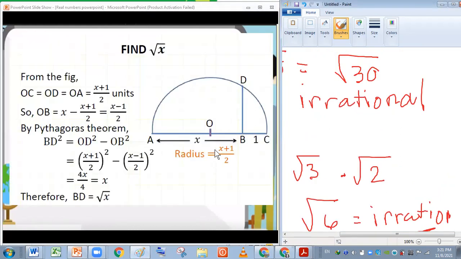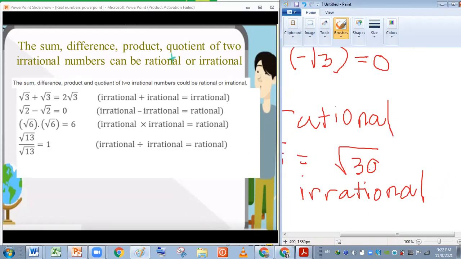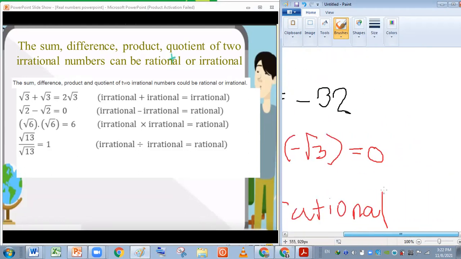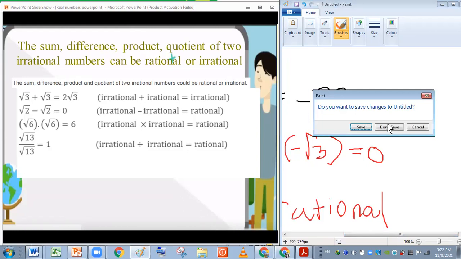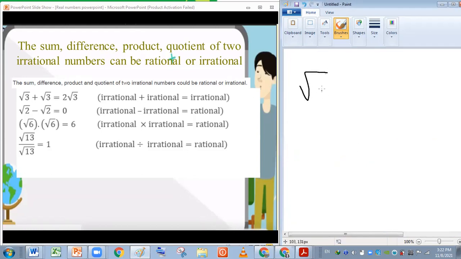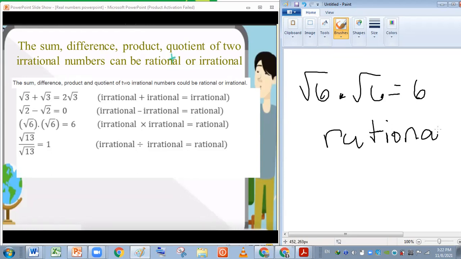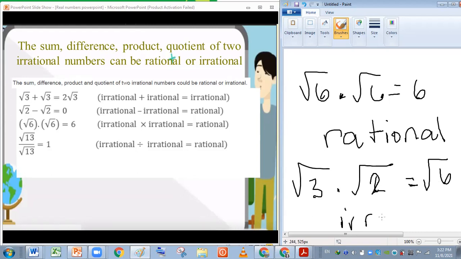So how can it be a rational number? Let's say you have two irrational numbers, like the root of 6 times the root of 6. This is just 6, so now it is a rational number. So it can be both rational or irrational. When we multiply the root of 3 by the root of 2, that is equal to the root of 6, which is now irrational.